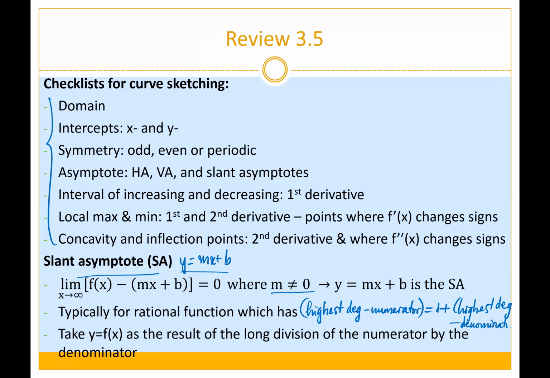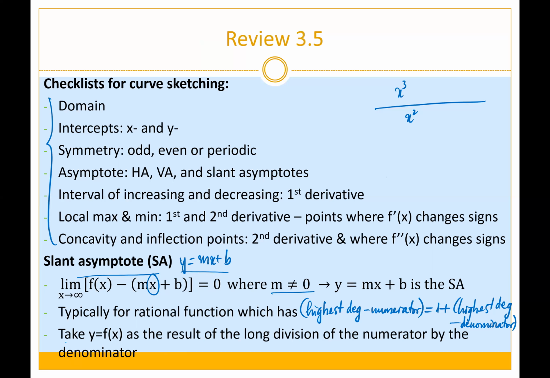Because when you use the highest degree, say you have x cubed over something x squared, the difference is x to the power 1. That is a line, and it shows us the line has some slope, which is the sign of a slant asymptote.